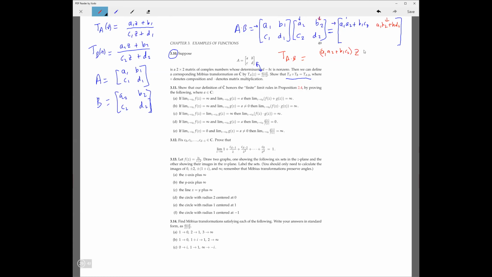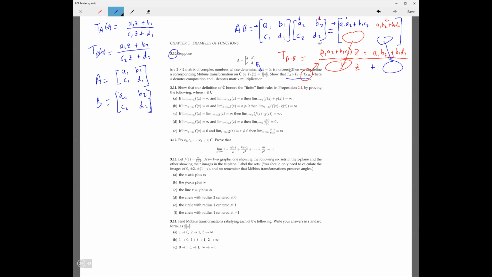Okay, so Z plus the second spot here. And then divided by, and then you put these guys down here. Whatever is in the matrix goes there. And that's this part right here.